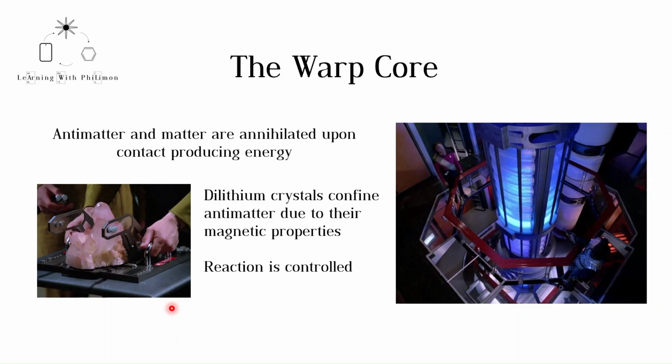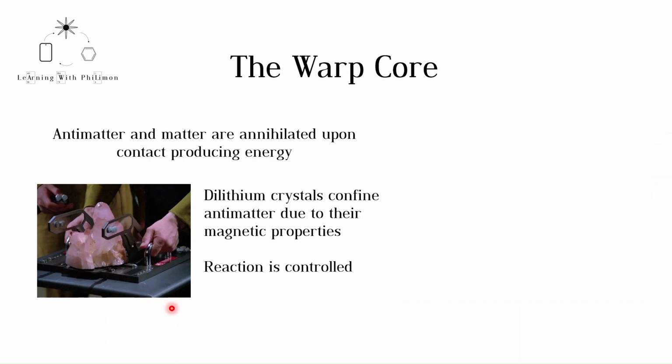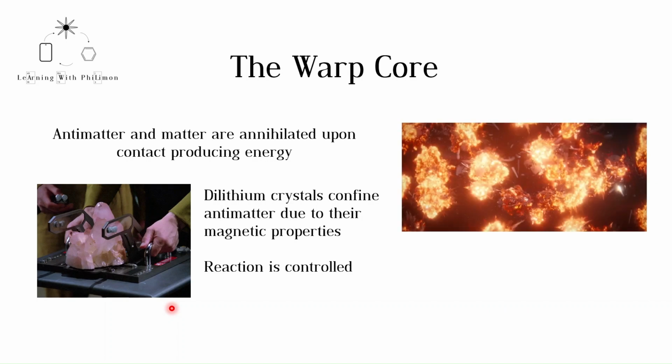The crystal confines the antimatter and directs it to react with only the required amount of matter. The dilithium crystals act like the control rods in a nuclear reactor. In Season 3 of Discovery, we found out about the burn, where all dilithium became inert. This led to all active warp cores detonating.